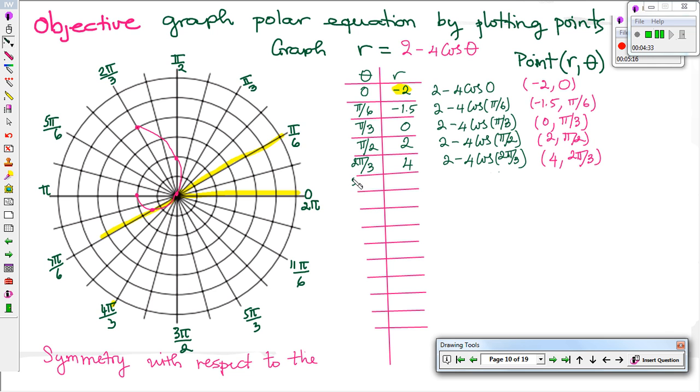Next we come to the next point, which is 5 pi over 6. So we substitute now 2 minus 4 times cosine of 5 pi over 6. And that will give us 5.5. So we plot the point 5.5, 5 pi over 6.